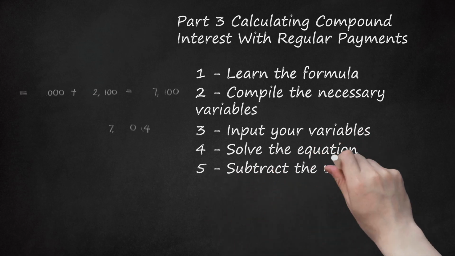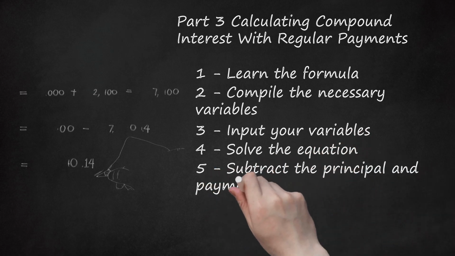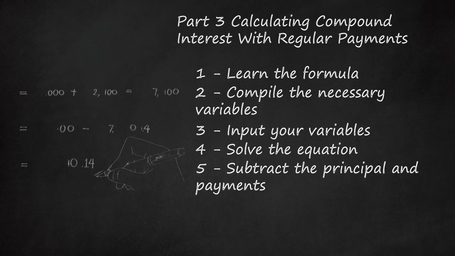5. Subtract the principal and payments. To find the interest earned, you have to subtract the amount of money you put into the account. This means adding the principal, $5,000, to the total value of contributions made, which is 24 contributions, 2 years times 12 months per year, times the $100 you put in each month for a total of $2,400.